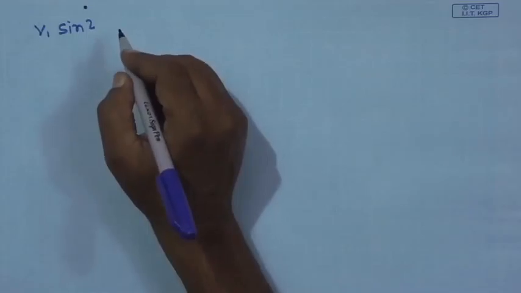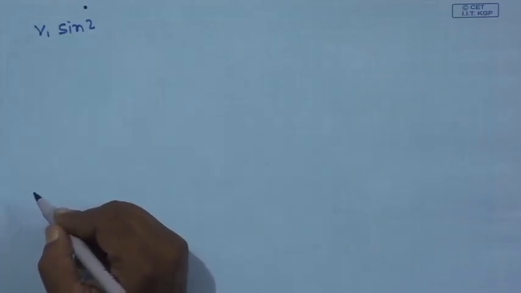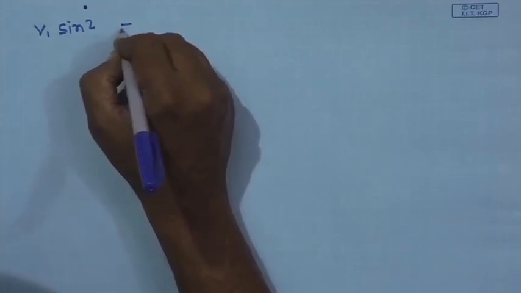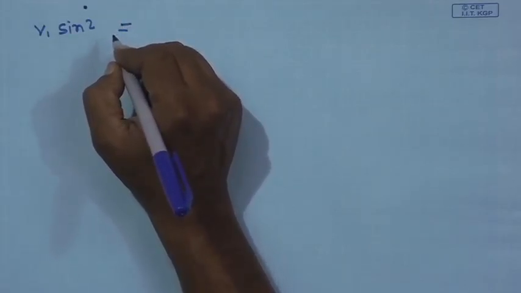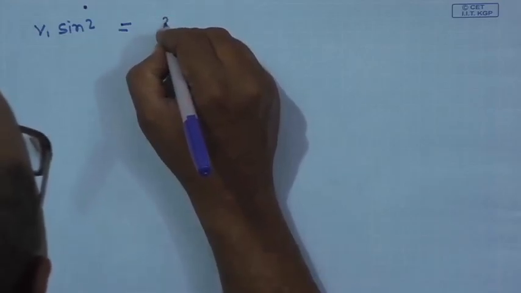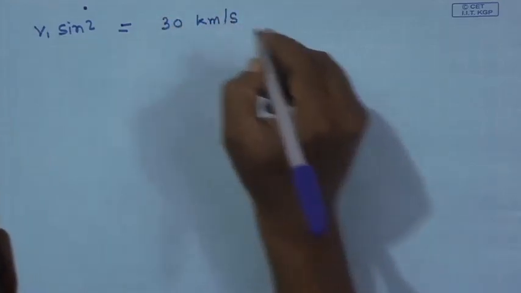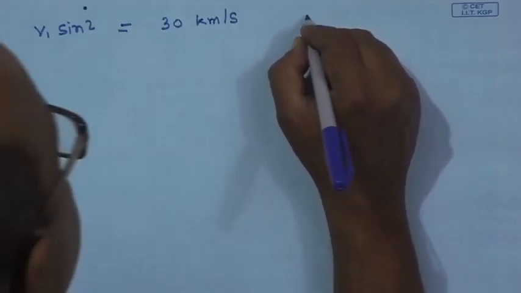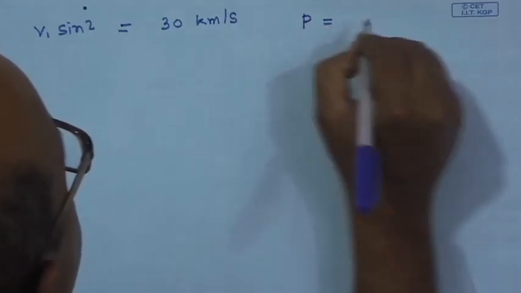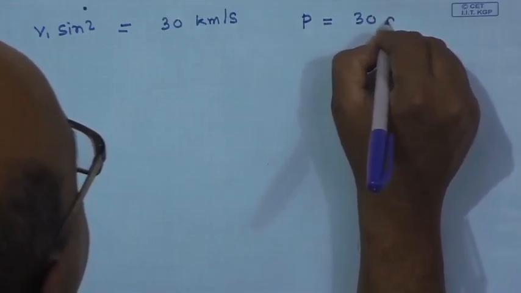So what you can measure is V1 sin I, and in the example which I will discuss, V1 sin I is equal to 30 kilometers per second, and the period of the system is 1 month, 30 days.